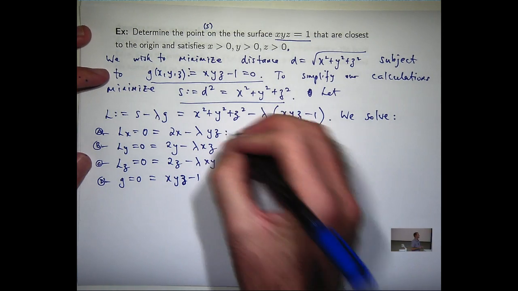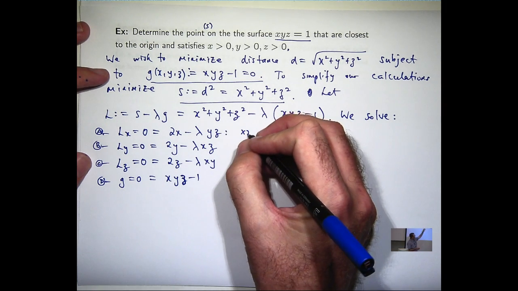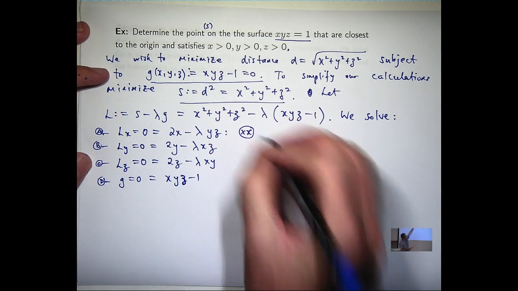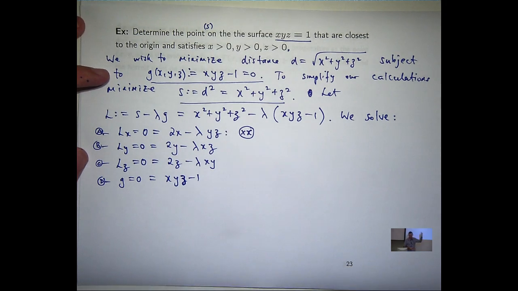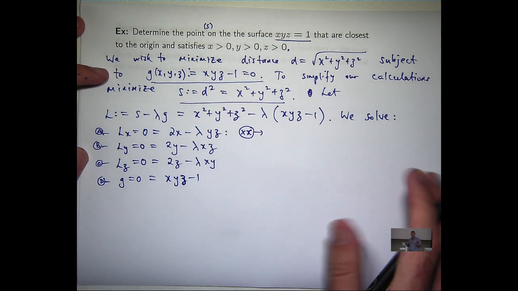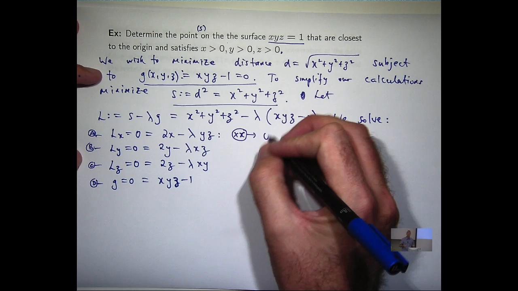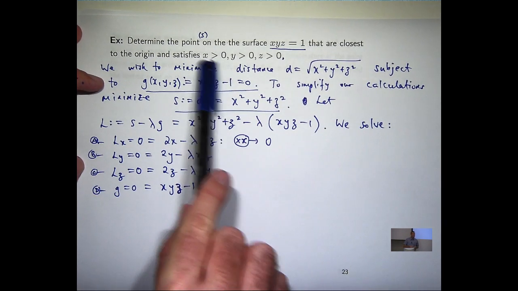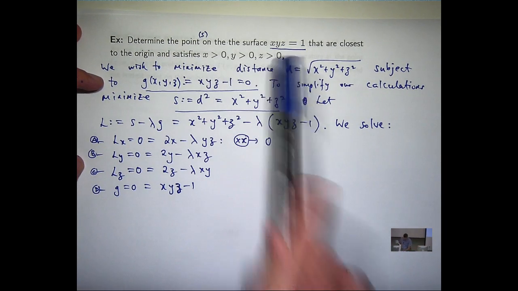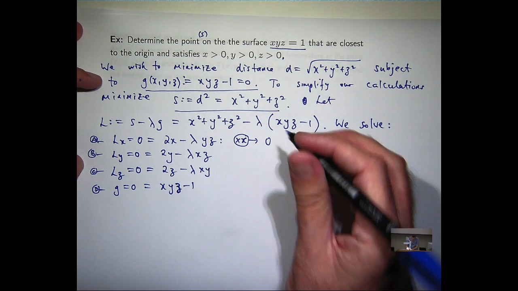So I'm going to multiply this equation by x. And I get the following. Now, x is positive, y is positive, z is positive. So it's not like we're multiplying by 0 or something like this.